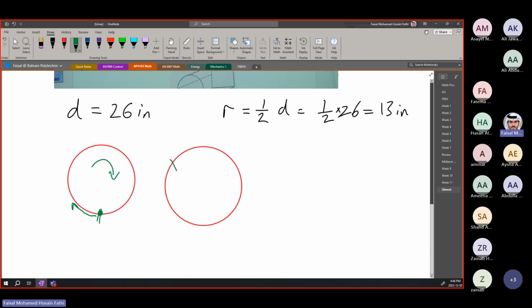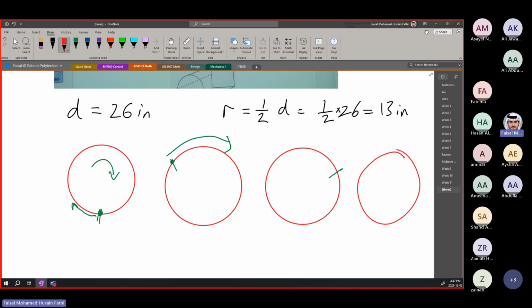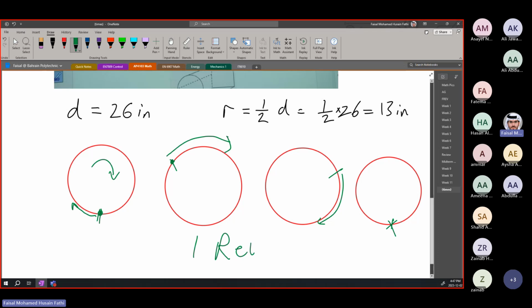It will reach this point over here, and then eventually another point if it keeps rotating. This point of the tire will keep rotating with it. It will reach here, for example, and then finally it will reach back to the starting point, and this is one revolution for a wheel.